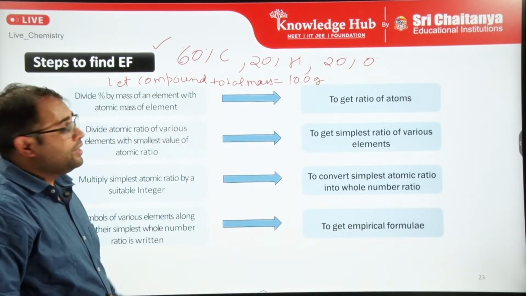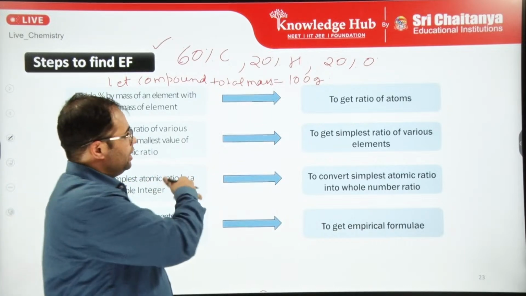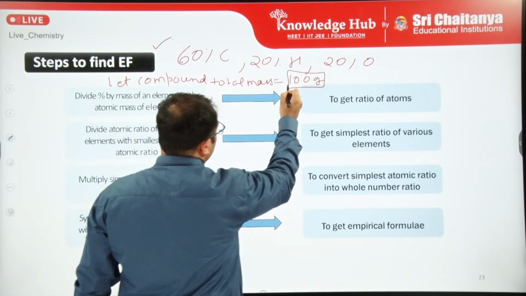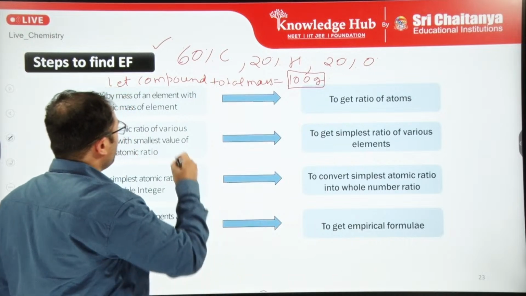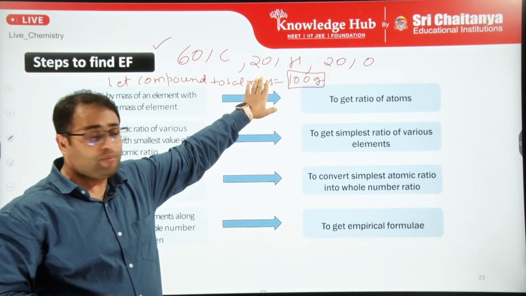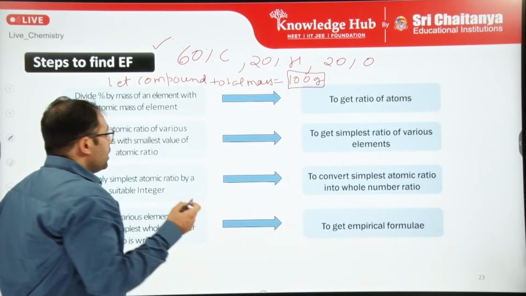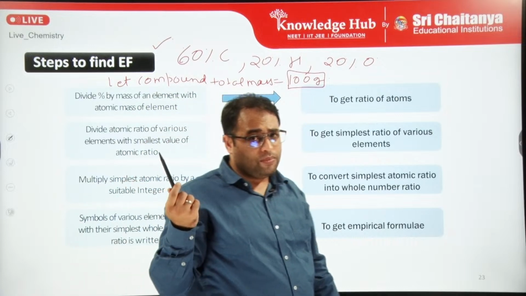So now treat all these percentages as masses directly, because now you have 100 grams total compound. In 100 grams of compound, carbon will be 60 grams, hydrogen will be 20 grams and oxygen will be again 20 grams.